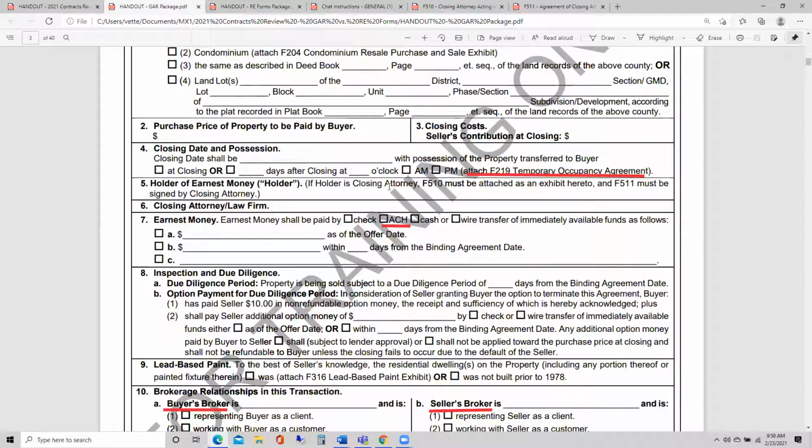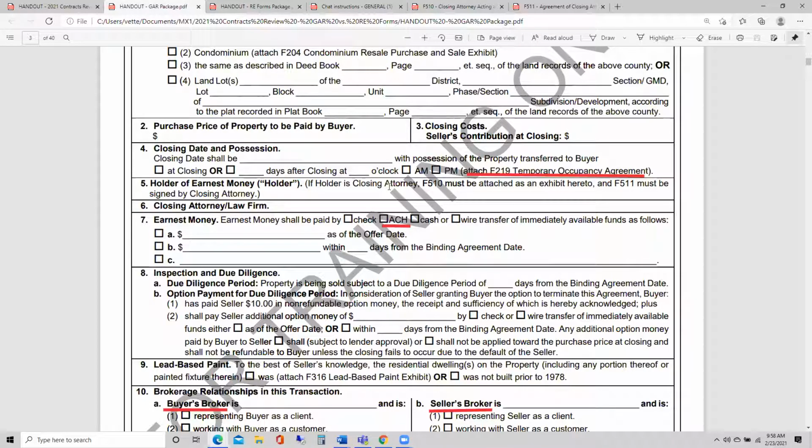And if your broker is identified as the holder of the earnest money, then your broker agrees to fulfill all those responsibilities outlined in the purchase and sale agreement.